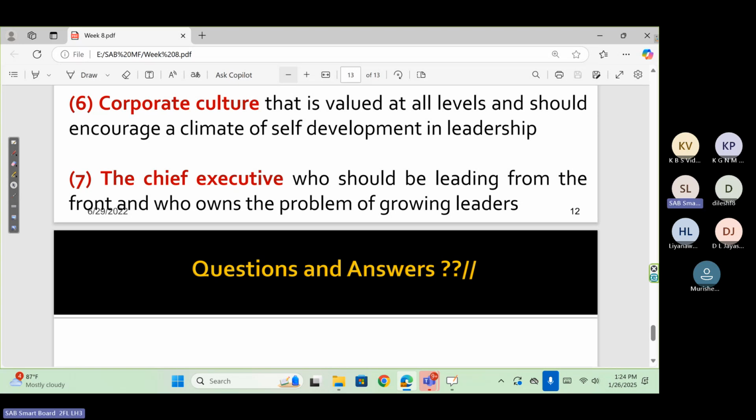Next question. Macroeconomic variables. The other one? Challenges, macroeconomic challenges. Third one, future prospects.